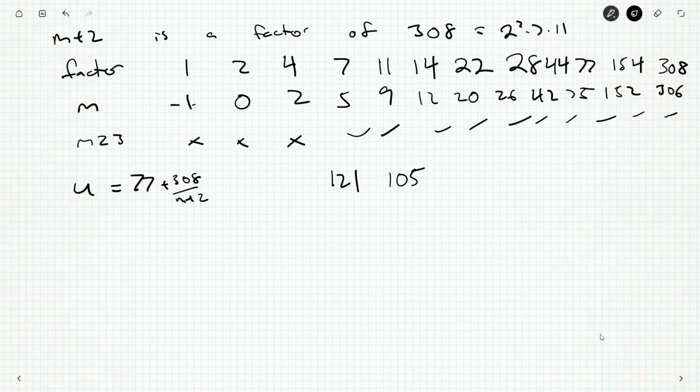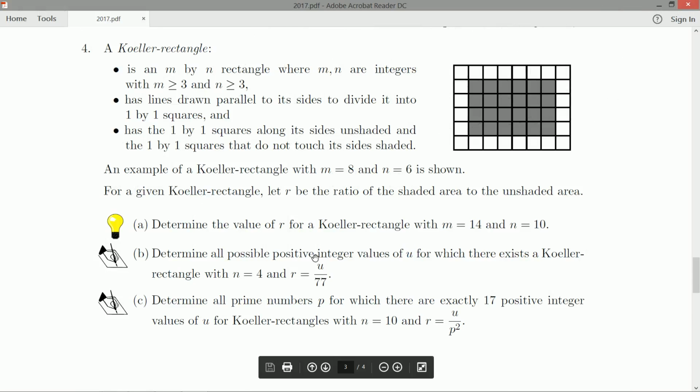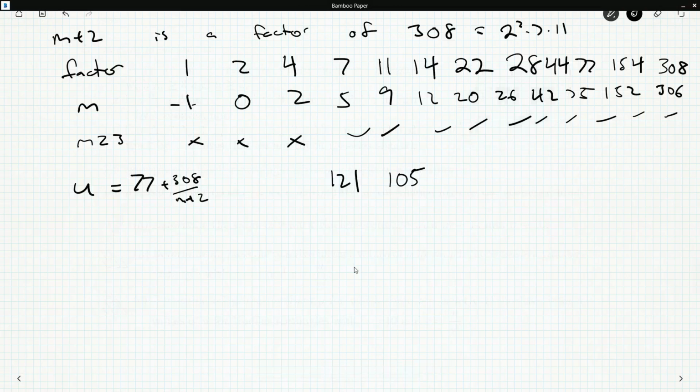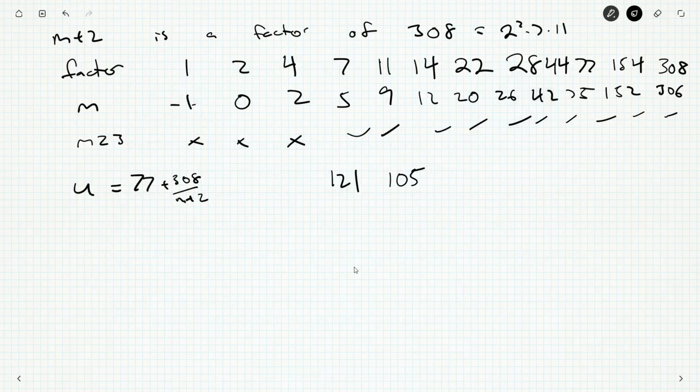Did they ask for the values of u or how many values of u? Determine all possible values of u. Okay, so we do have to work all these out. This one down here at the end is 77 plus 1, so that's 78. That gives us 2. This one's 4, pairing these things up.